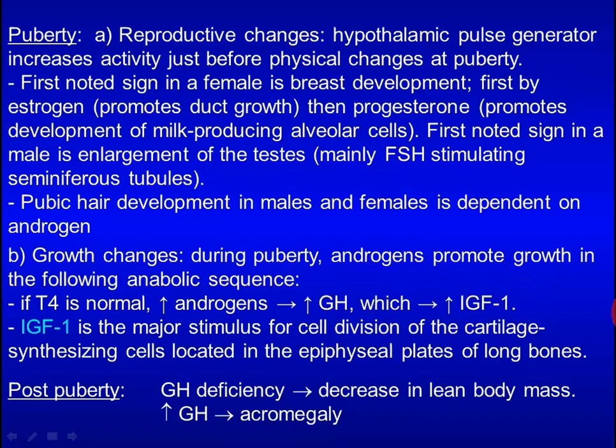IGF-1 promotes division of cartilage synthesizing cells. After puberty, growth hormone is only needed to maintain lean body mass. On the other hand, a high level of growth hormone can cause acromegaly.